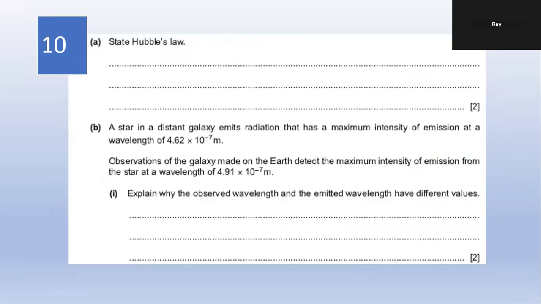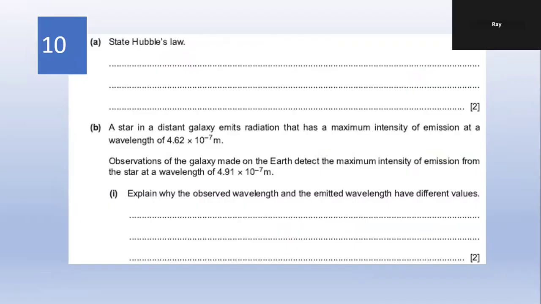Take Hubble's law. Okay, without looking at your answer, it's Hubble's law. All this must be at your fingertips. These are points you cannot afford to lose. These are points you're supposed to gain.